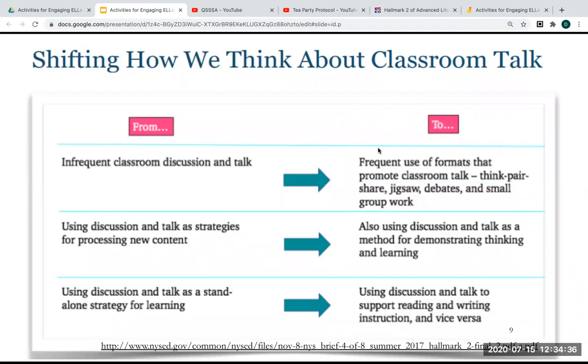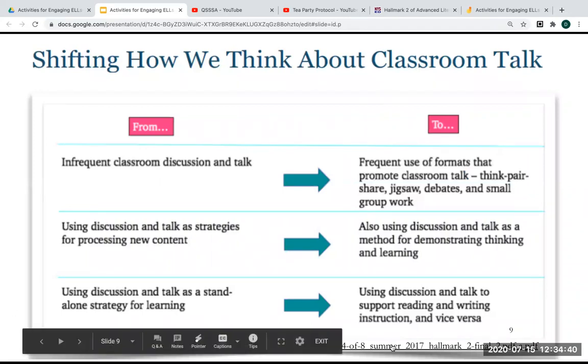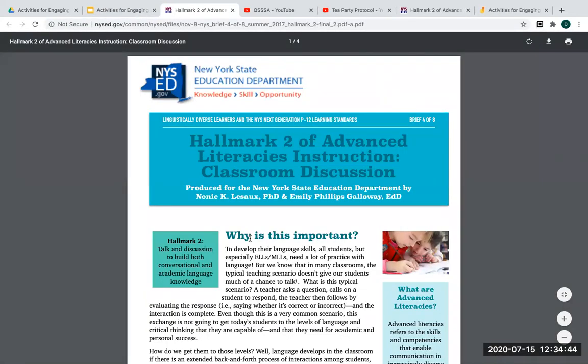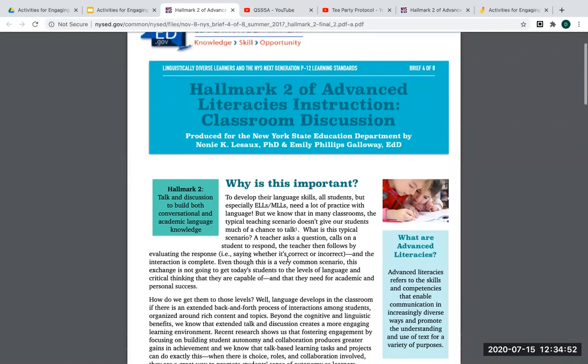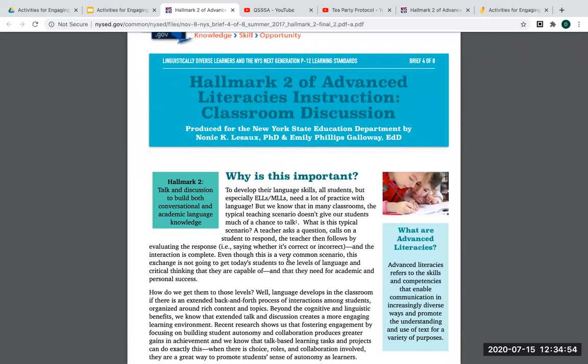This visual comes from the NYSED Hallmark topic briefs, and I want to show you topic brief number 4, but it's Hallmark number 2 of the Advanced Literacies Instruction. Advanced literacies are the skills and competencies that enable communication in increasingly diverse ways and promote the understanding and use of text for a variety of purposes.